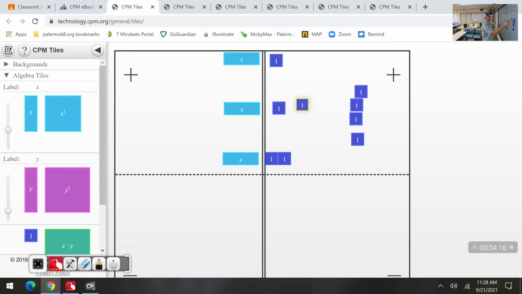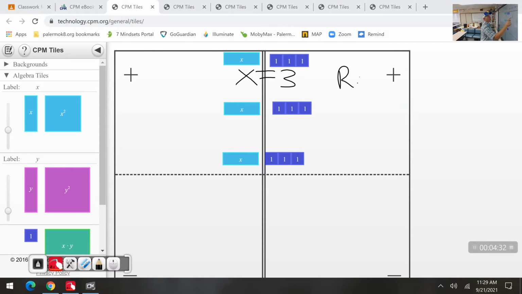Now I do them one at a time because I'm a teacher, but if you can see how it's going to work, then you could probably do that. Now this regroup makes 3 groups of 1x equals 3. My explanation: regroup.